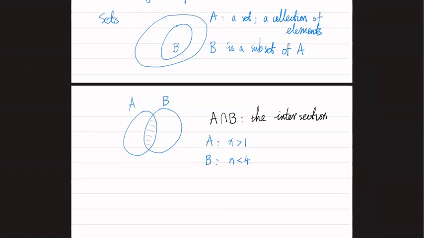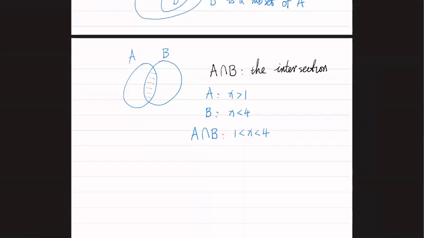Now let's see what's the intersection. Kira, do you want to try this one? So that would be all the numbers greater than 1 and less than 4 at the same time. Yes. Okay, so this is the intersection. It satisfies both conditions, bigger than 1 and less than 4. This is called the intersection.